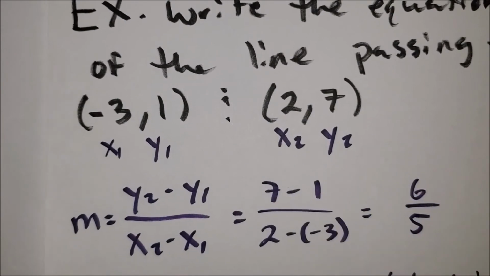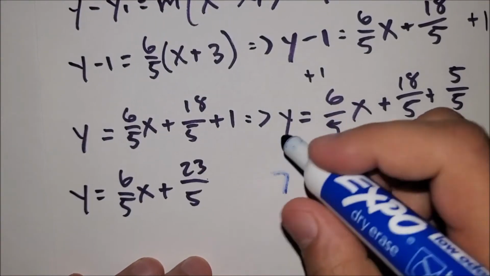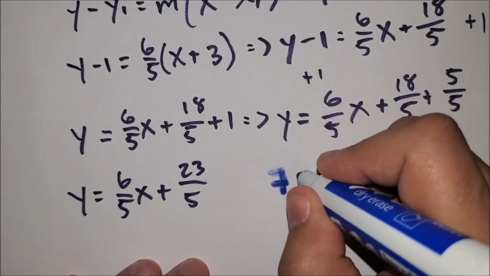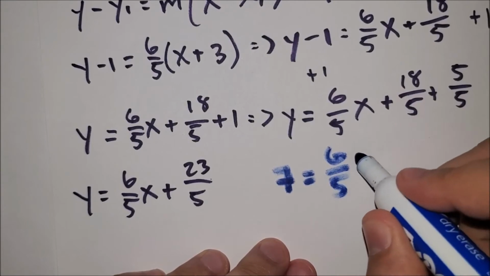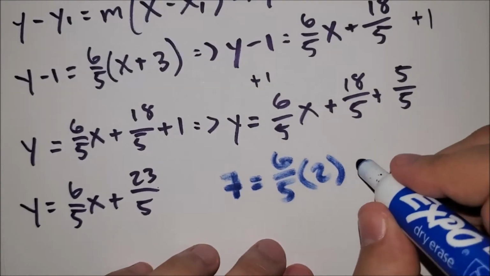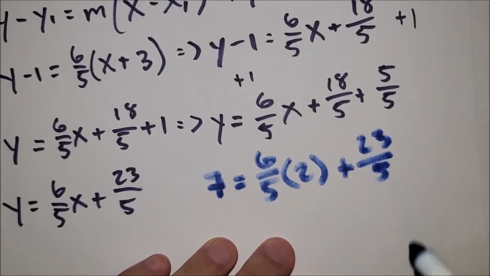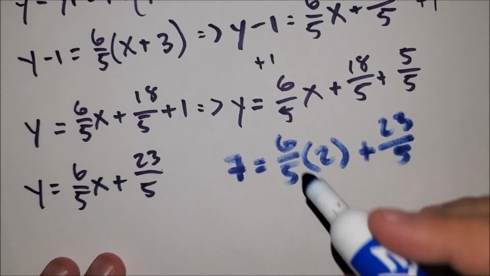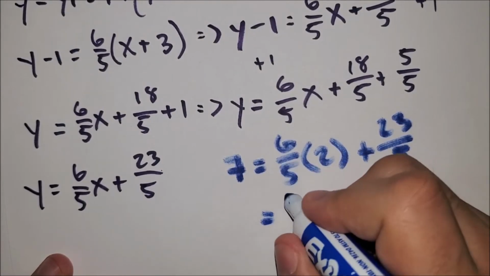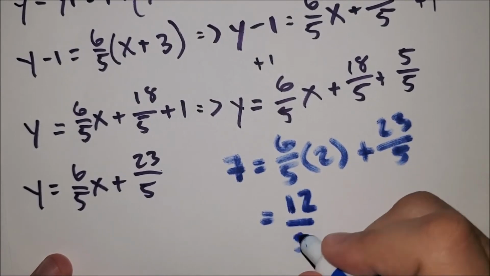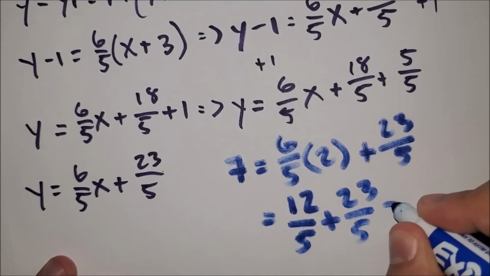Let's make it a little more interesting. So we're saying that 7 equals 6 over 5 times 2 plus 23 over 5. So when we multiply these, we get 12 over 5 plus 23 over 5.